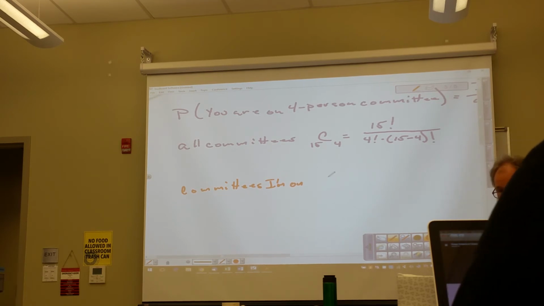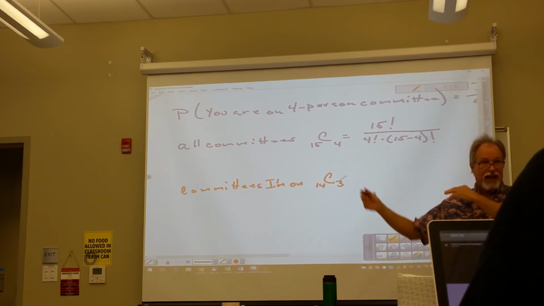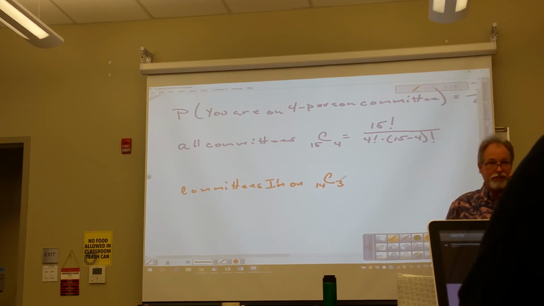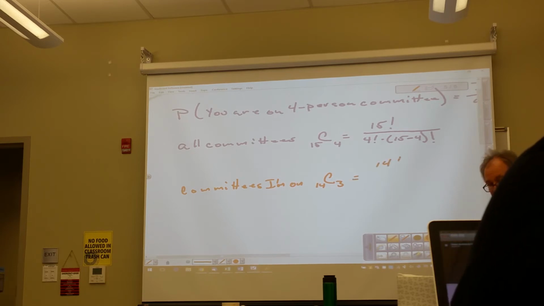So actually what I would have to do is calculate this again for how many different ways I can combine the other 3 people, which would then give me 14 factorial over 3 factorial times 14 minus 3 factorial.